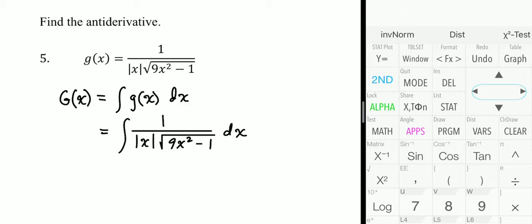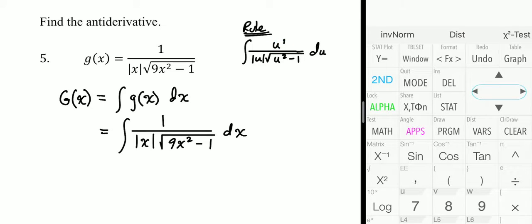The arc secant rule, I'll jot it here, that we'd be interested in would be the integral of u prime over absolute value of u times the square root of u squared minus 1, du.